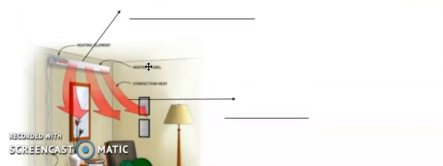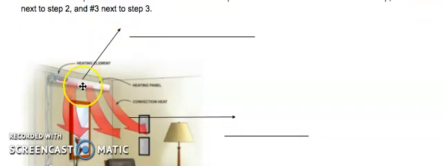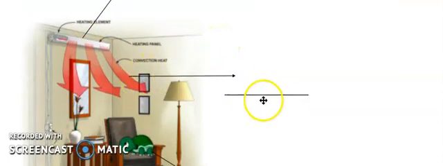So here are the 3 pictures. So this one line is for the heater. Okay, that's this line. This line right here is for these arrows. What do these arrows show? That's for this line. What step is that? And then this line is for the turtle. What's happening to this turtle? What step is that? Okay, so you're going to write step 1, step 2, step 3.